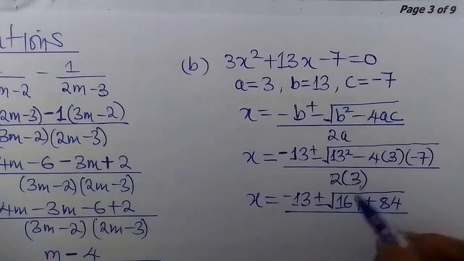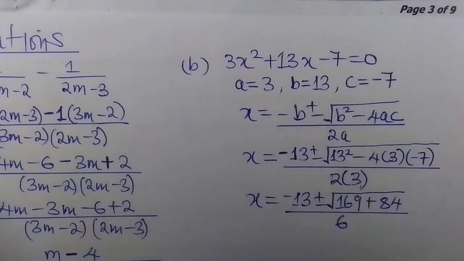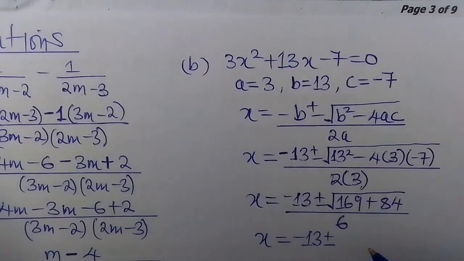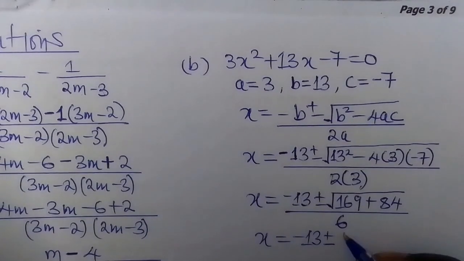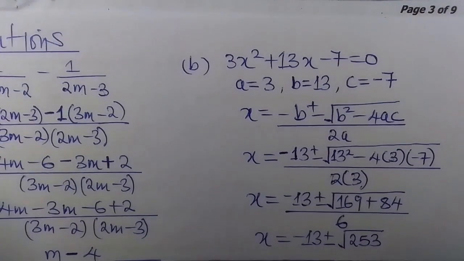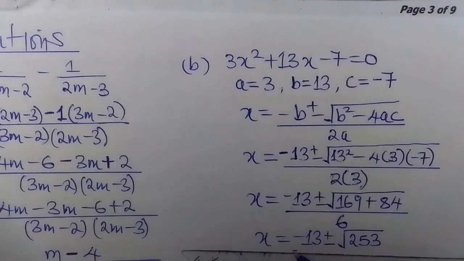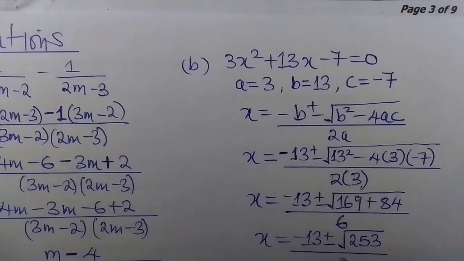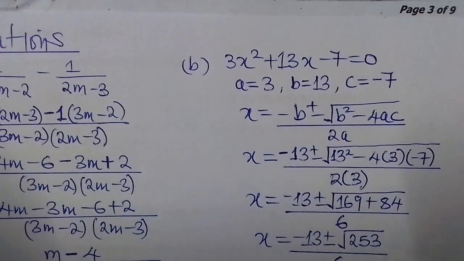Two times 3 gives a 6. So adding what we have in the square root here, 169 plus 84 gives 253. So we're going to have 253 in the square root, everything over 6.